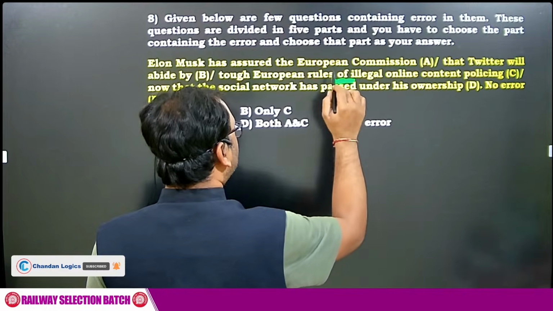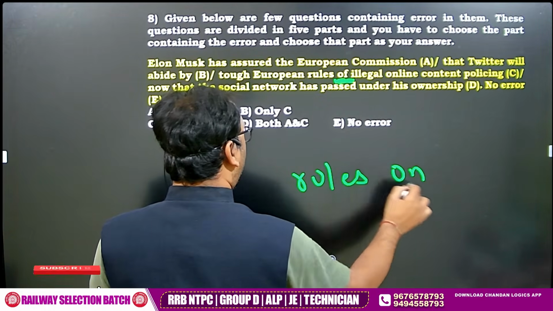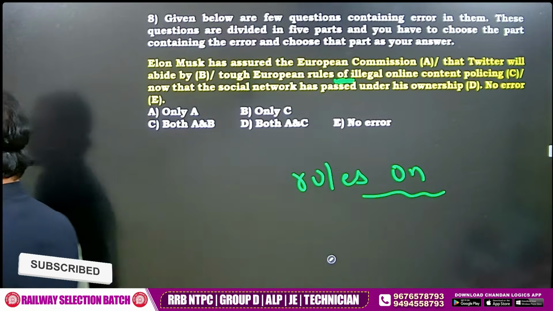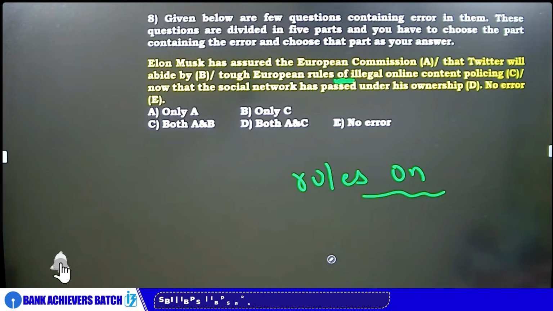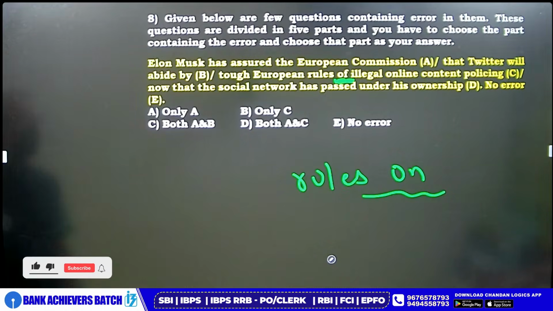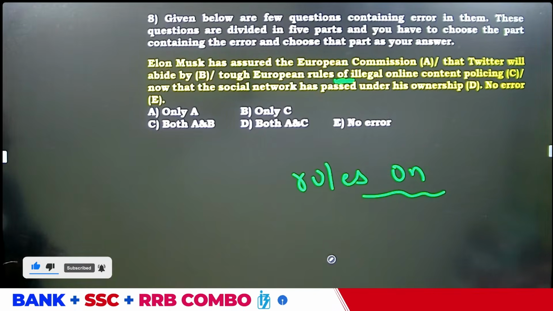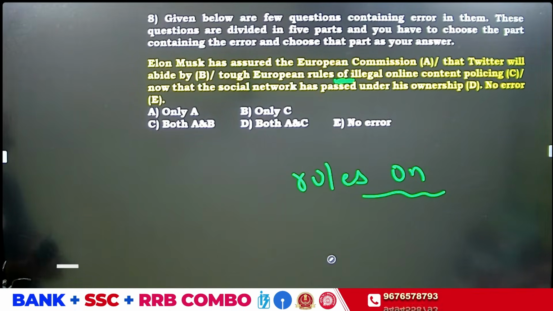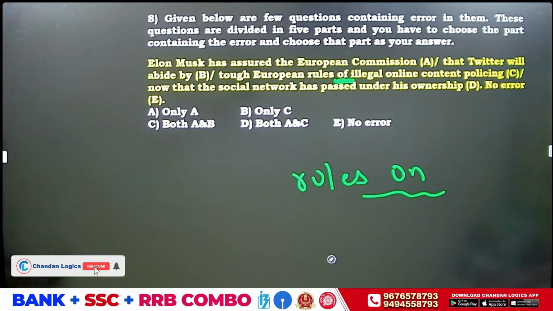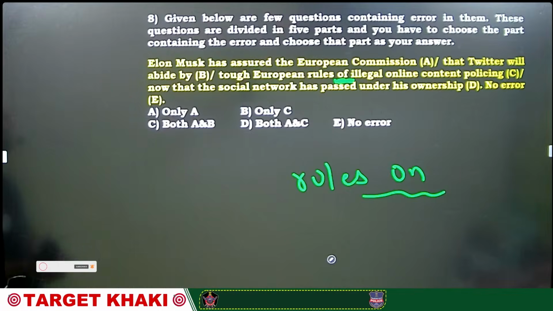You don't use rules of here, you use rules on. Why do you want to say rules of? Rather you say rules on. Elon Musk has assured the European Commission that Twitter will abide by tough European rules on illegal content policing. On. Don't say of, you better say on.